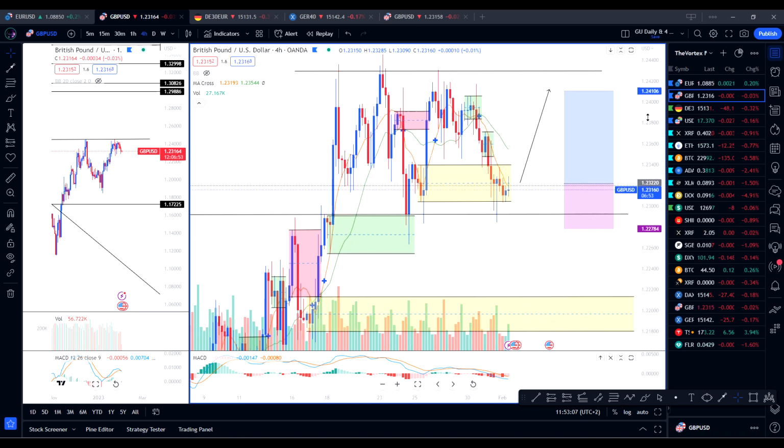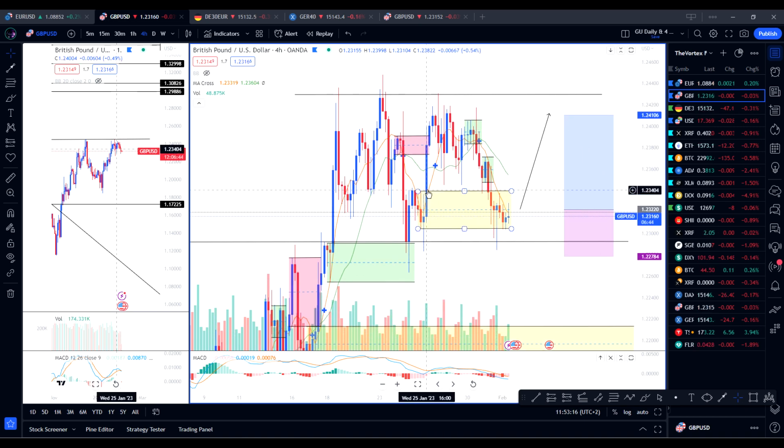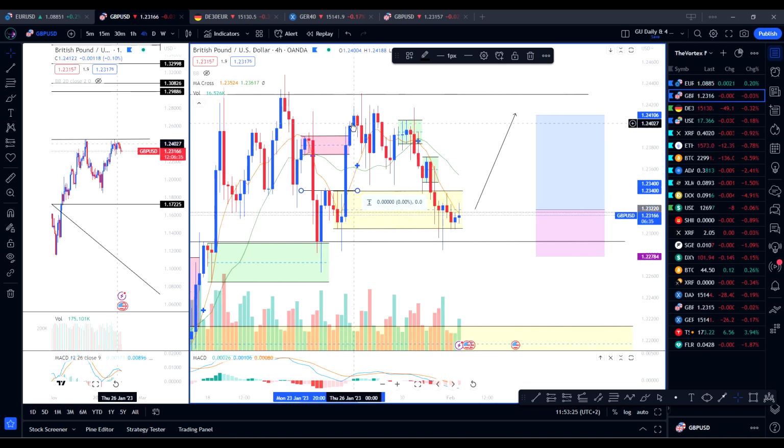So the order block is based close to the support zone of this range, and I liked the setup. Right here was the impulsive break. It took out this area for me right over there. This zone right over here. The impulsive break was one candle. Right, and I waited for price to retrace.